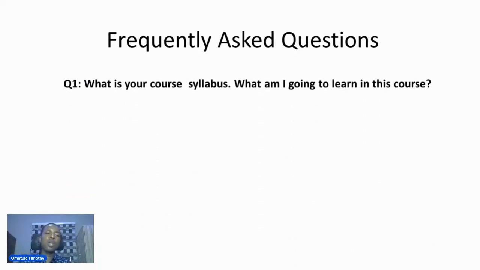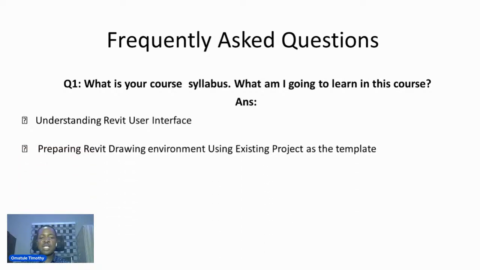Now, quickly, these are some of the questions that people ask me frequently. And one of them is, what is your course syllabus? What am I going to learn in this course? And like I showed you earlier, you are going to understand the Revit user interface. You are going to learn how to start a project from scratch or how to start from an existing project.